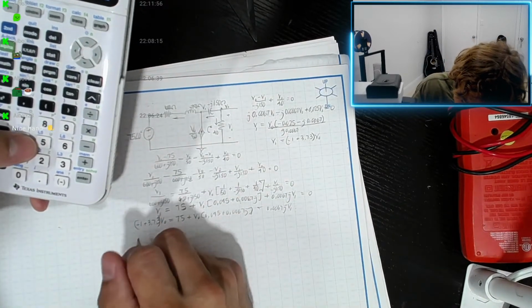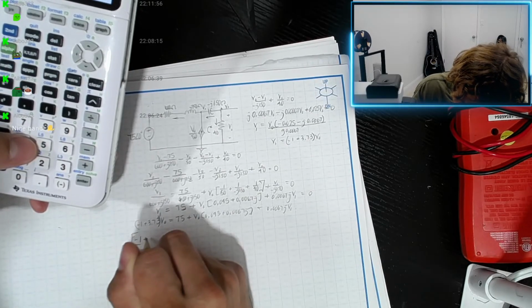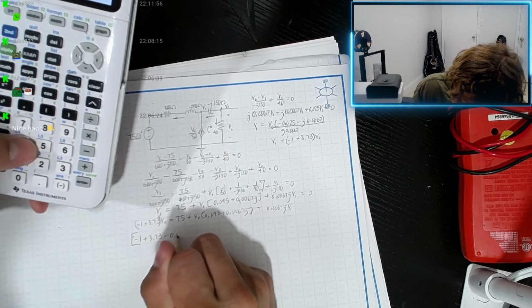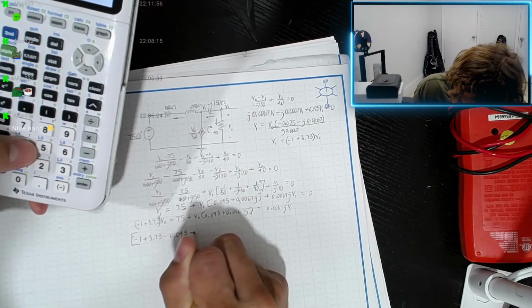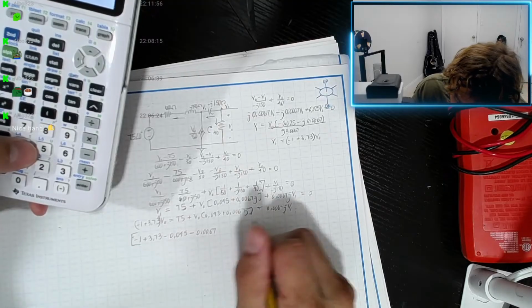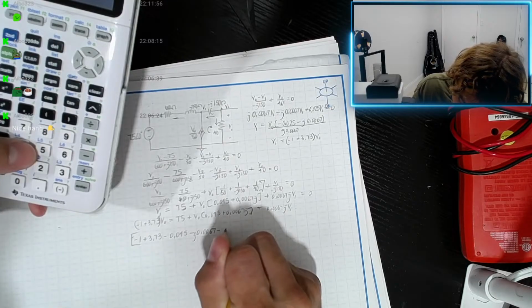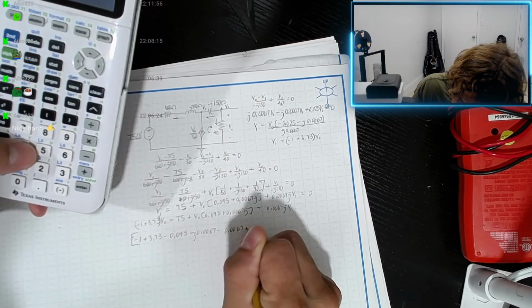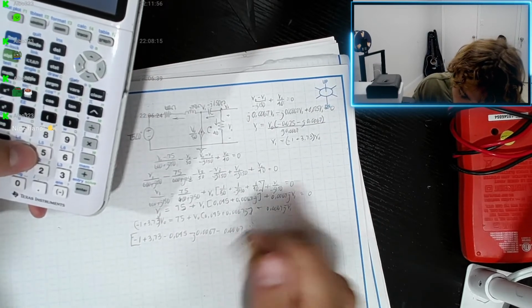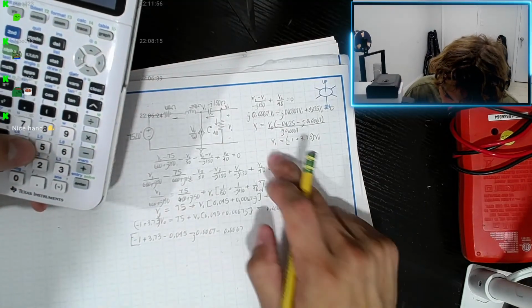Okay, so negative 1 plus 3.73 J minus 0.045 minus 0.0067 J minus 0.0067 J. Oh wait, that has a multiple, which is this V1.